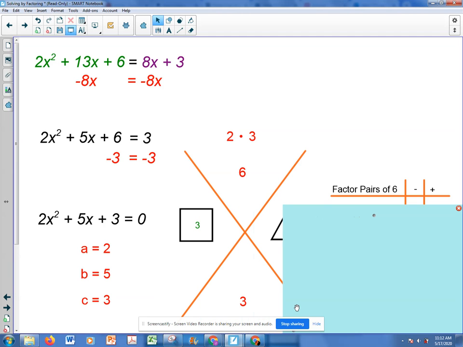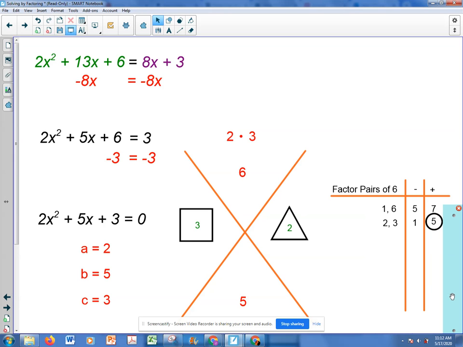And then on the bottom, we're going to have a 5. And so what are the factor pairs of 6? 1 and 6 and 2 and 3. Okay, again, because it's all addition over here, plus, plus, plus, I know it's going to be the one with the addition, so it's that 5. So 2 and 3 go in these 2 boxes. All right.